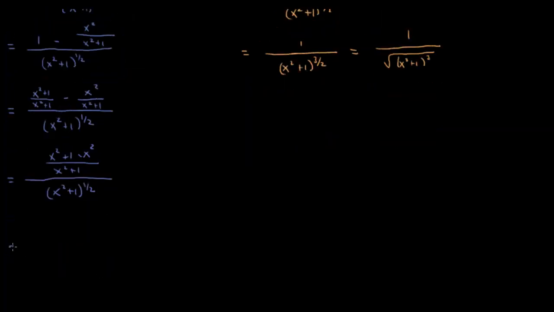Okay, we're getting close here. Now this top fraction still has an x squared plus 1 on the bottom, and then we have x squared plus 1 minus x squared, so just this. Then we have x squared plus 1 to the 1/2 power still hanging out down there. Well, I still have a complex fraction. You never want to leave a complex fraction as is. You want a single fraction bar. So how do you deal with that?